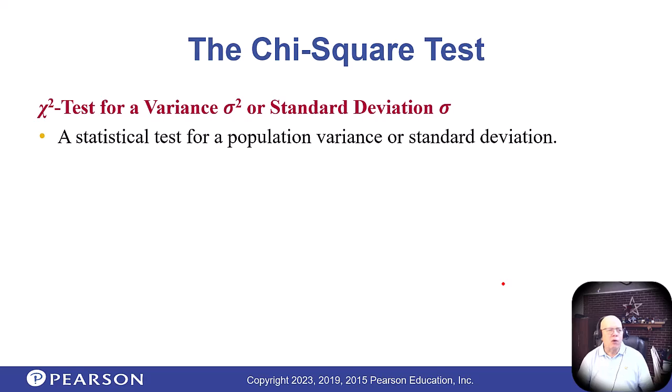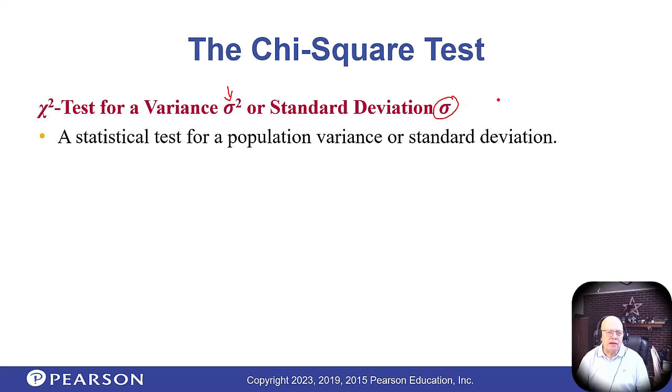All right, now we're getting to the chi-squared test itself. We use it for testing a variance. And remember, the variance is not the standard deviation, it's sigma squared. And the standard deviation is sigma. But we can use the chi-squared test for both of these.